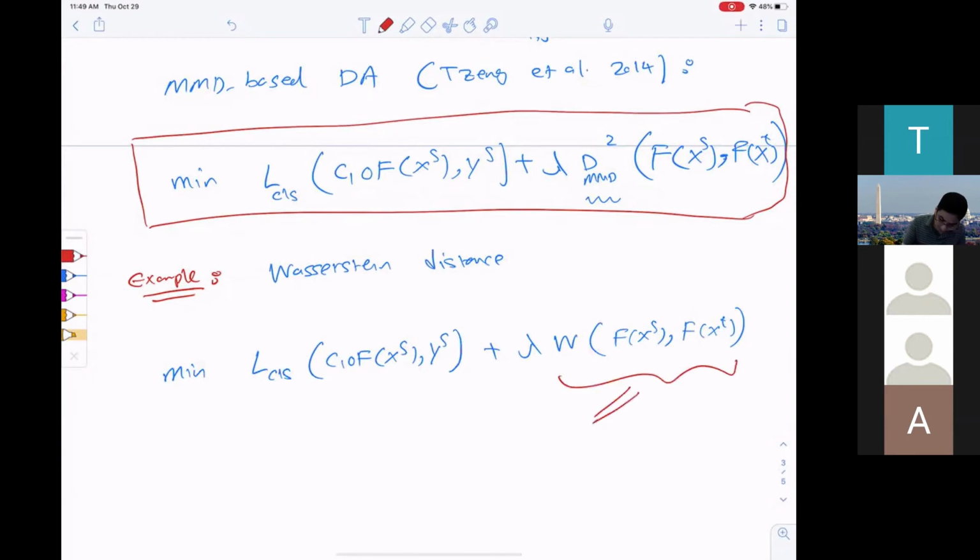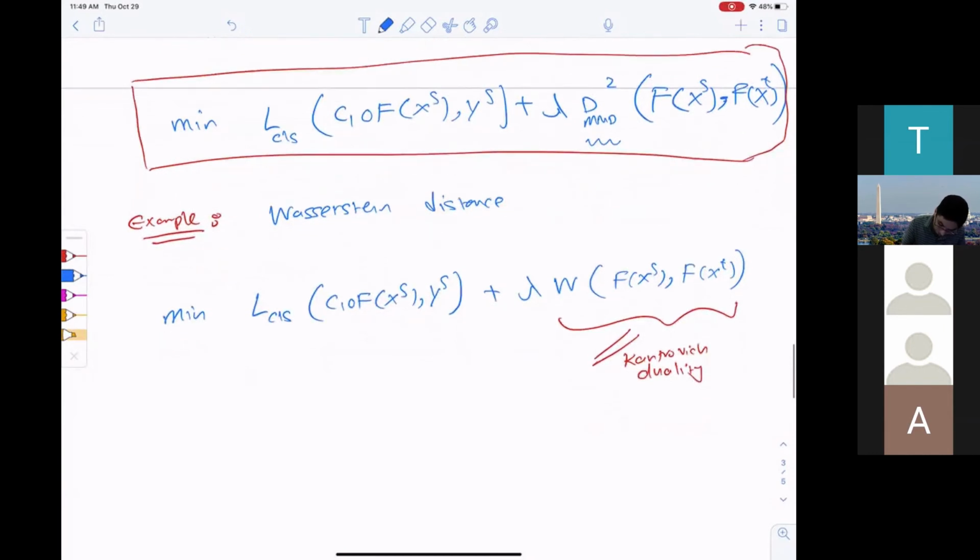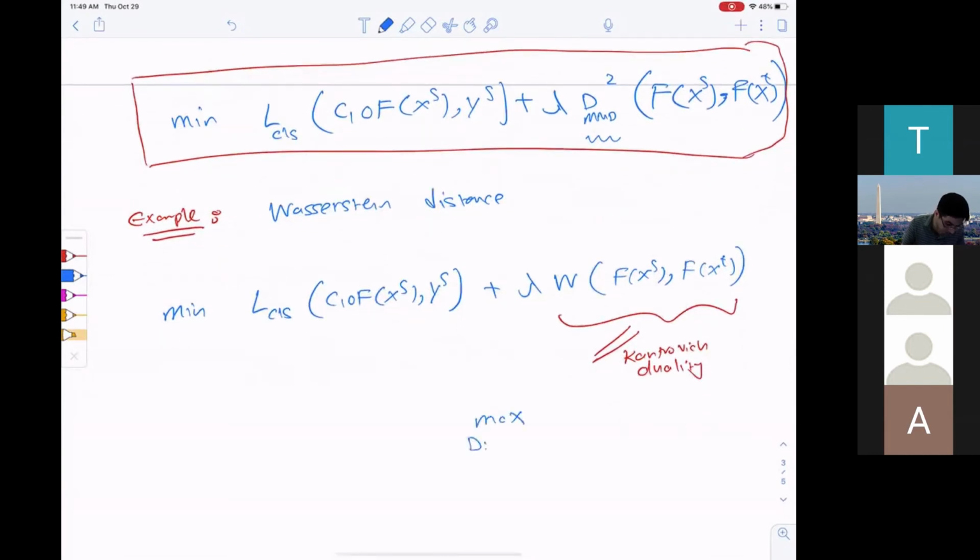Using the Kantorovich-Rubinstein duality, we know this Wasserstein can be written as max over a discriminator function, which is 1-Lipschitz, of the expected value of f applied to the source minus the expected value of my discriminator function applied to the embeddings of my target.